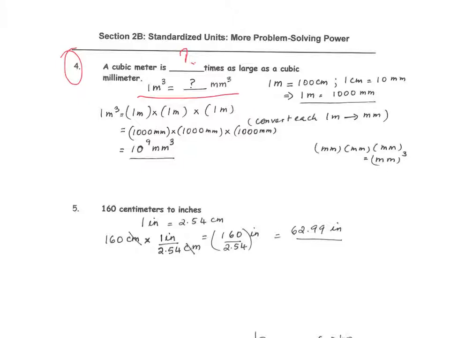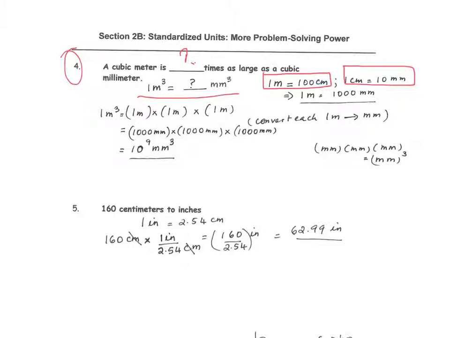We can go about doing these calculations in many different ways, but let's say I had this equation. 1 meter is 100 centimeters, and 1 centimeter is 10 millimeters. So 1 meter is 1,000 millimeters, and I get that from these two conversion equations.